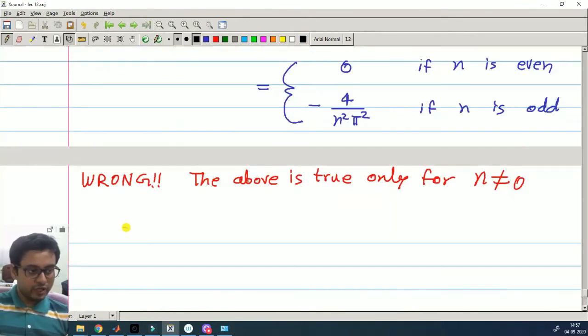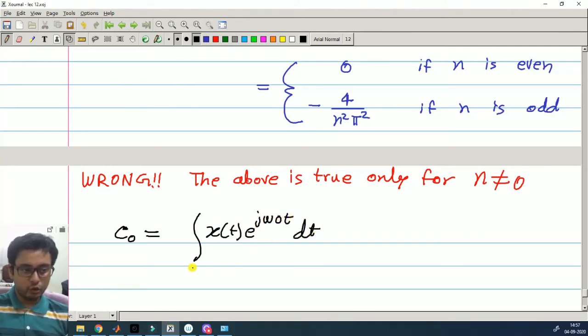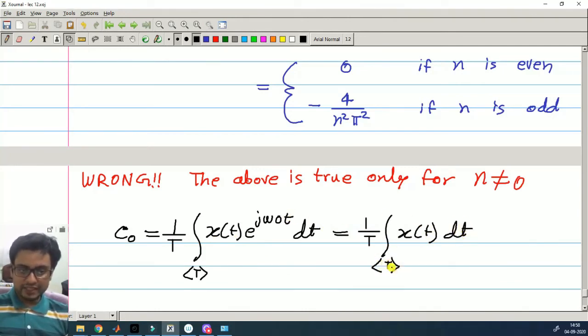But we can calculate C0 directly in this way: 1 over T integration of x(t) e to the power minus j omega 0 t dt integrated over a complete cycle, and this is equal to 1 over T integration x(t) e to the power 0 over a complete cycle.